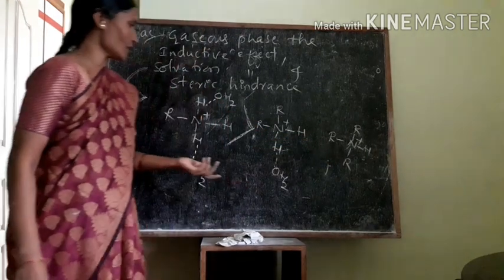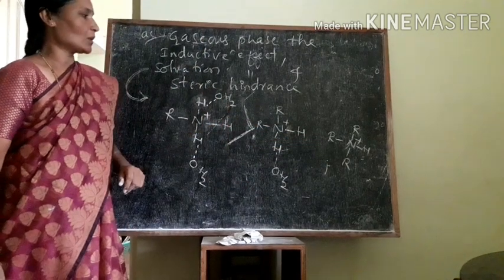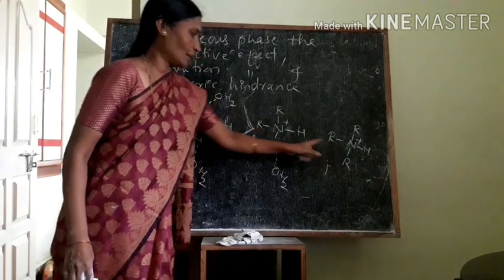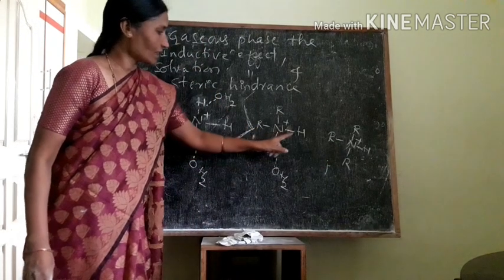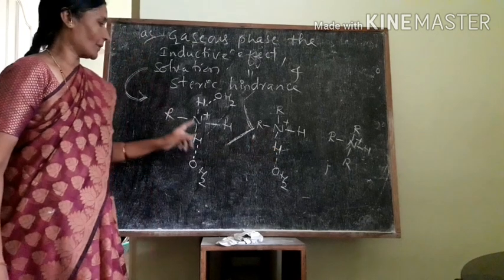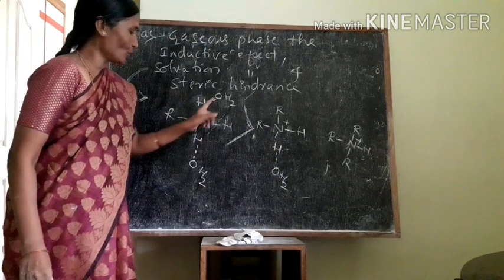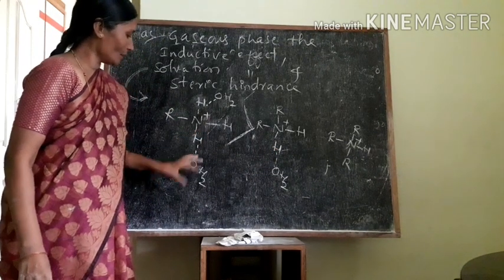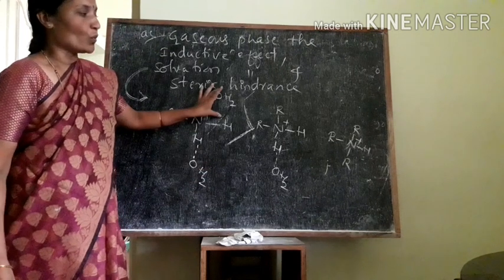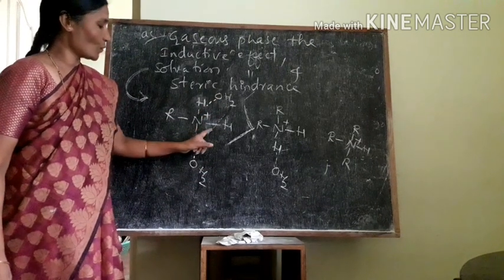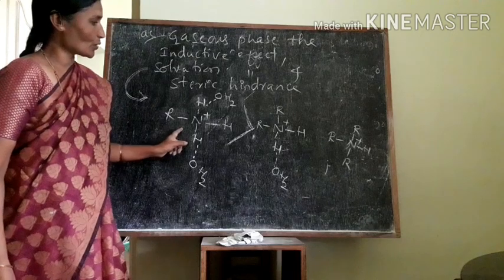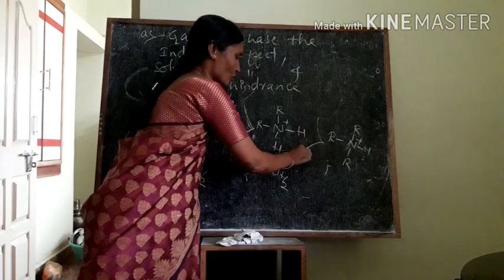Why less solvation? There are no hydrogen atoms at all in the case of tertiary, but in the case of secondary there is one hydrogen atom, and in the case of primary there are two hydrogen atoms, hence undergoing solvation is more in the case of primary. Primary has more solvation than secondary, than tertiary.